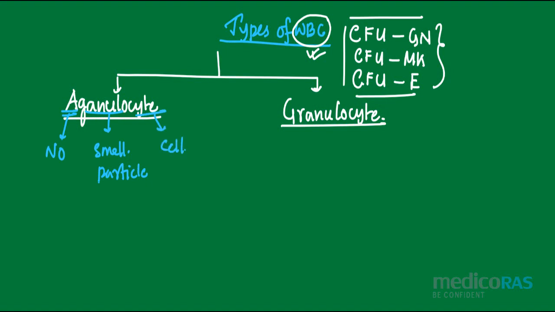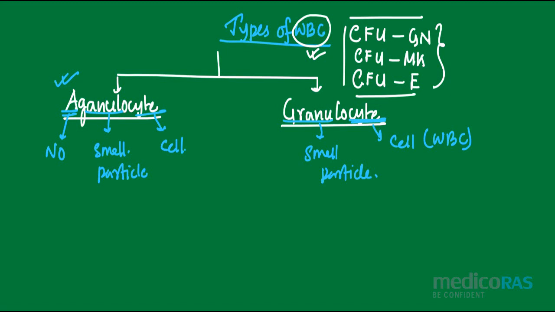That means if small particles are absent inside the cell, then that type of WBC is known as an agranulocyte. If granules are present inside the cell, that means small particles are present, then it is considered a granulocyte.